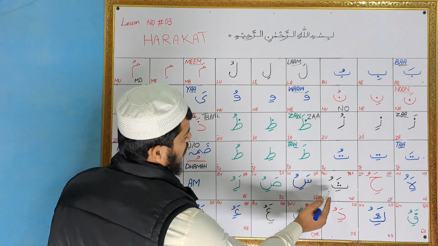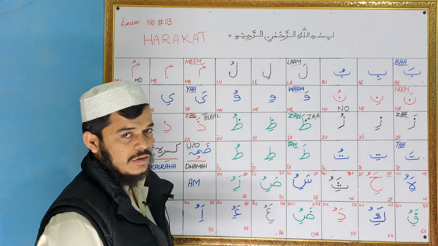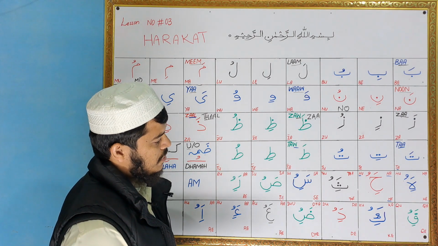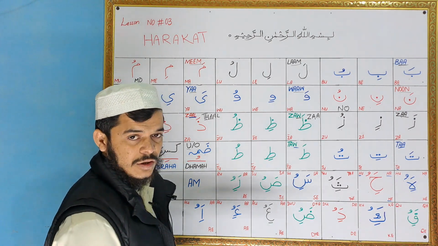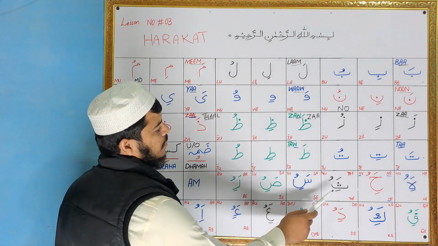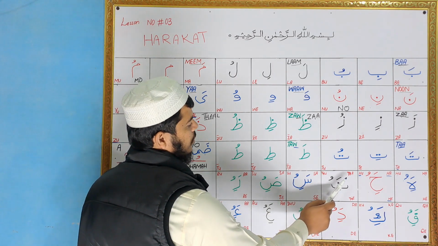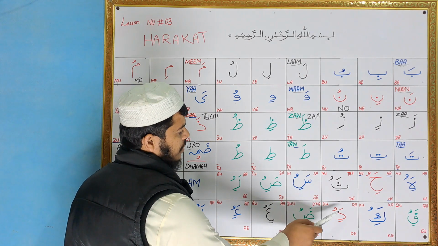And this is tha, a very soft kind of S sound. In some Qurans it will be S sound, in some transliterations it will be TH sound. It's not universal. Tha fatha, tha. Tha kasra, thi.